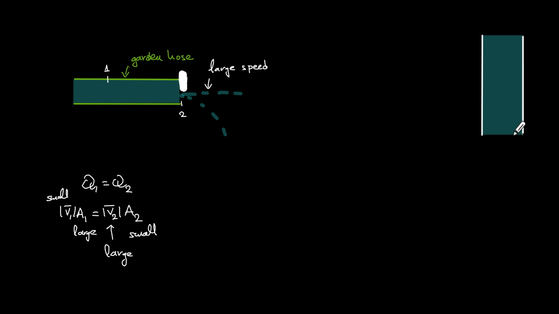Now, one more example. If we say that this is your faucet, and you turn it on and the water starts moving downwards, the water starts flowing. Take a look.